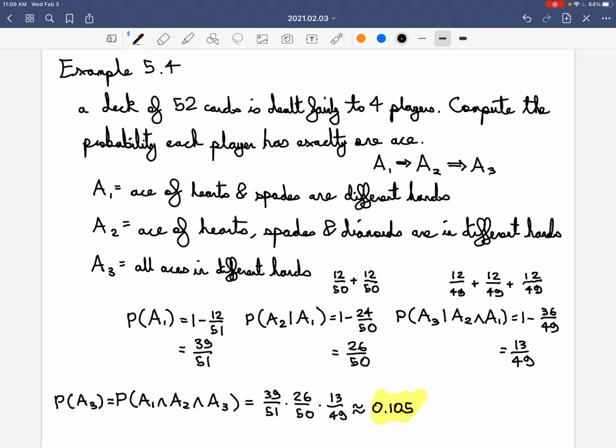Let's have a look at a slightly more complicated example of how to use the tower rule. Let's say a deck of 52 cards is dealt fairly to 4 players.